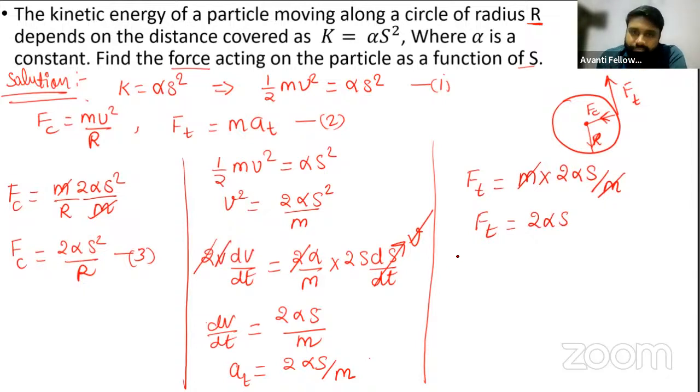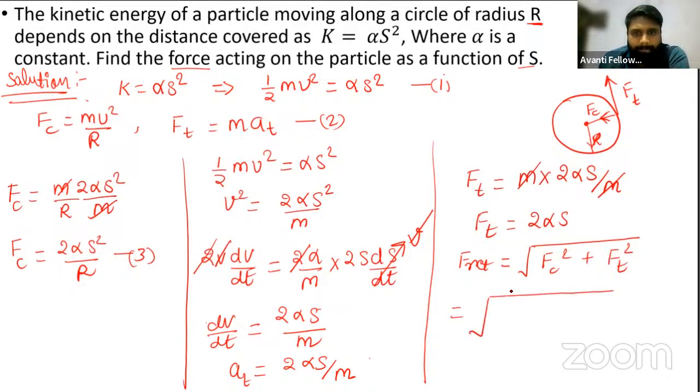Now the net force on the system, since these forces are perpendicular to each other, having an angle of 90 degrees in between them, the resultant will be the square root of Fc square plus Ft square. Put the values. Fc square is (2 alpha s square by capital R) whole square, plus (2 alpha s) whole square.